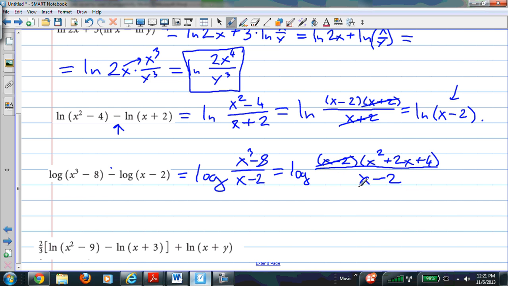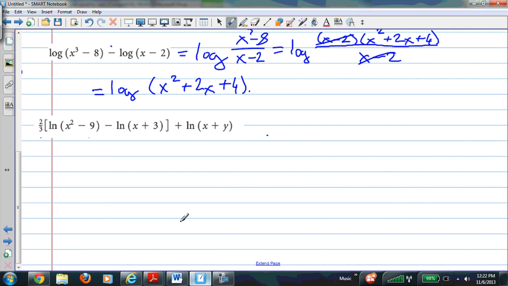So again, x minus 2 can cancel, and we're down to just log of x squared plus 2x plus 4. Nothing else can be done with that. We have succeeded in expressing this expression as a single logarithm.